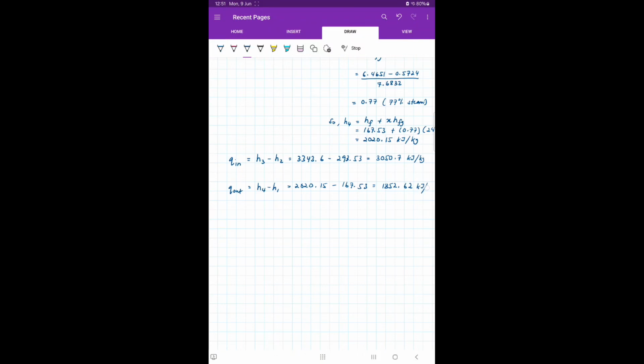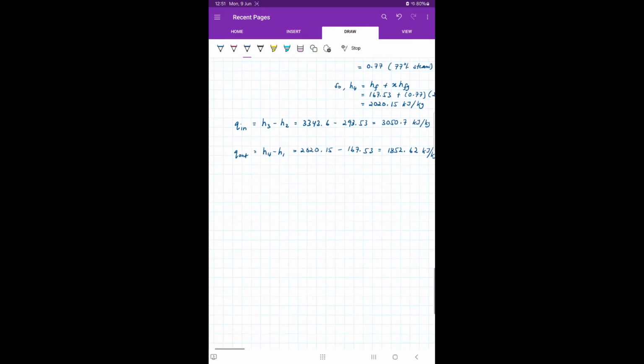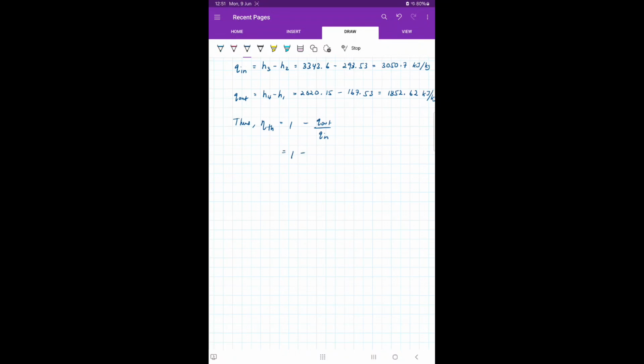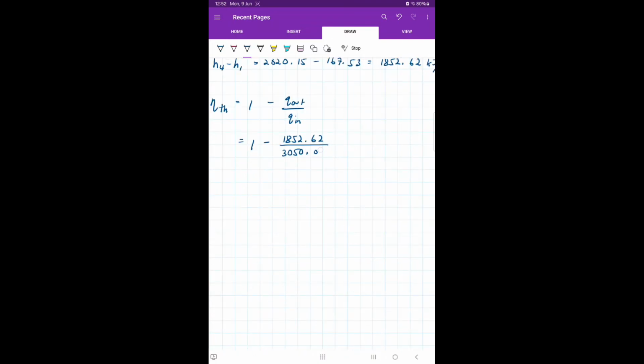So this is 1852.62 kilojoule per kg. My thermal efficiency when I increase the boiler pressure and also the temperature of the inlet steam to the turbine is equal to 1 minus 1852.62 divided by 3050.07.